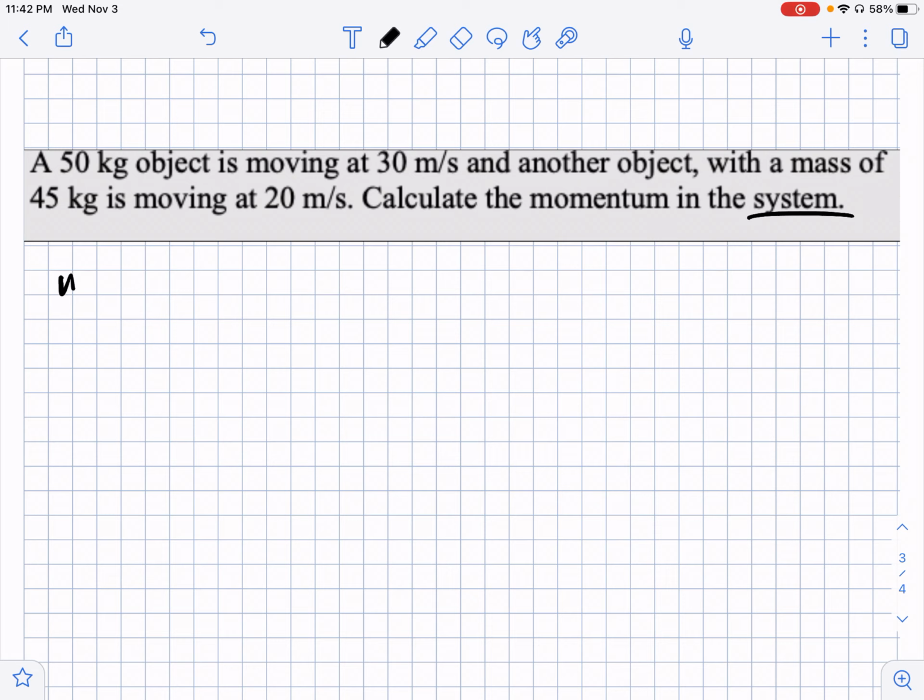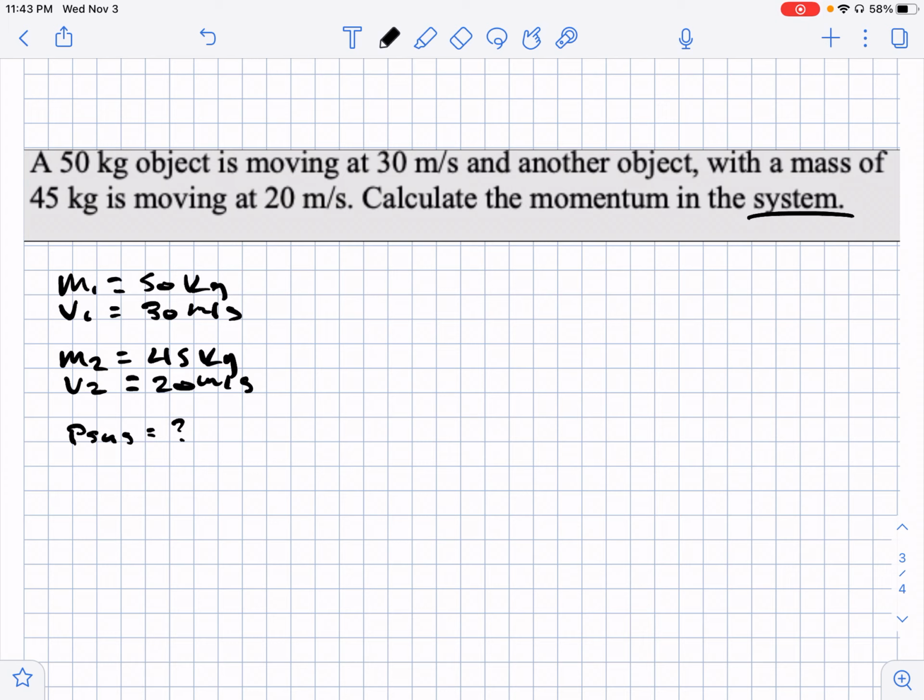So I'm going to say M1, that's a mass of object 1, is 50 kilograms. V1 is equal to 30 meters per second. My M2, the mass of object 2, is 45 kilograms. And the velocity of object 2 is 20 meters per second.